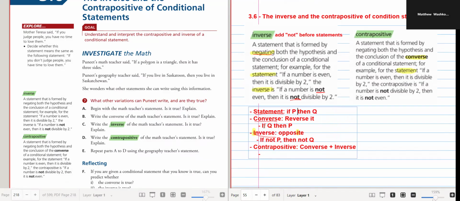The converse of that statement is this, which means the contrapositive is take the inverse of the converse, which means if not Q, then not P. Okay, I hope that makes some sense here. I know it's a lot. The only way you're going to learn it is you're just going to have to flip back every time you see the word until it's just engraved in your brain.